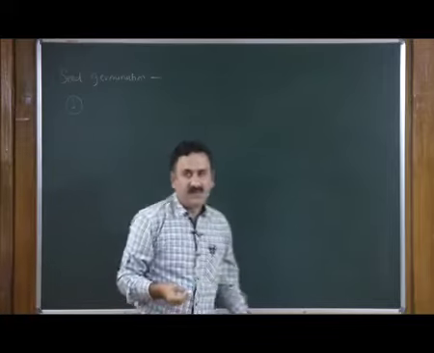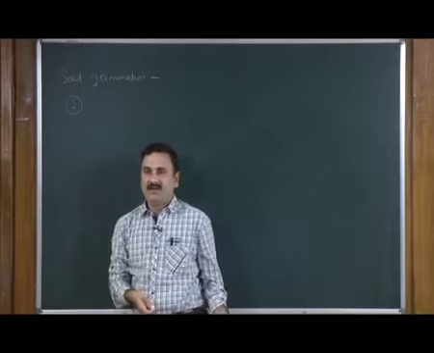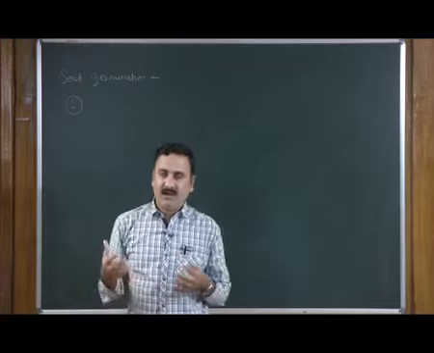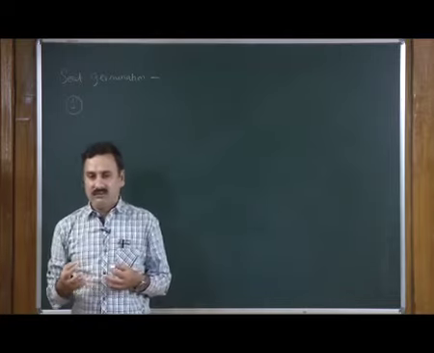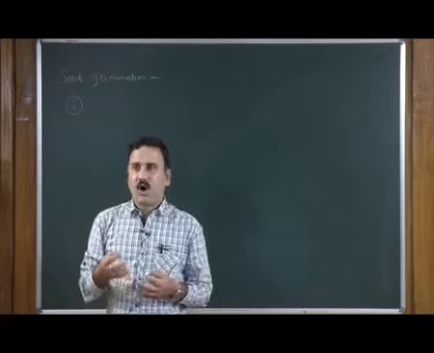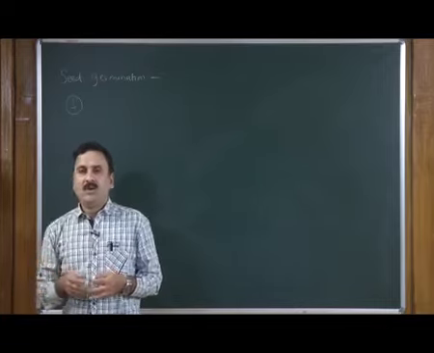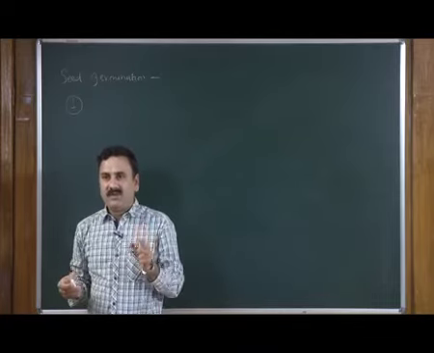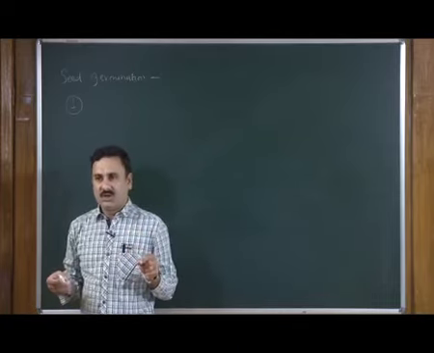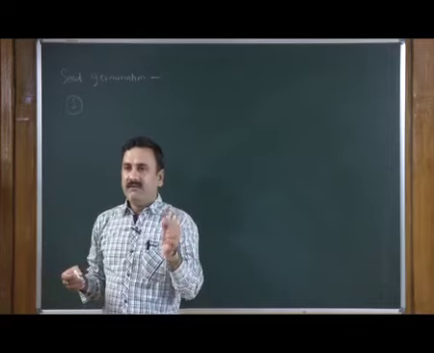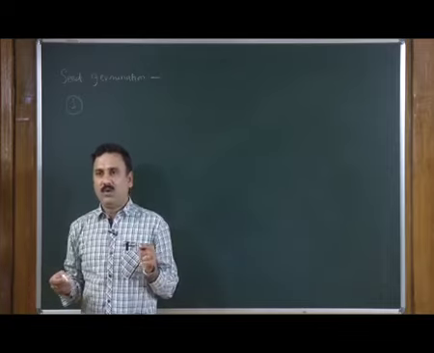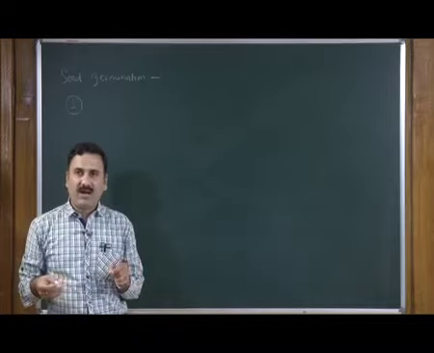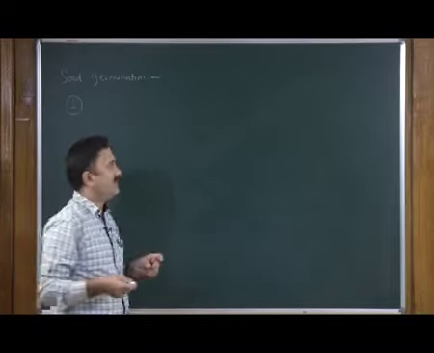As we discussed, the seed is present within a very hard coat and contains enough food material, either in the form of endosperm or cotyledons. But most of these seeds are in a dormant stage. Even if you provide them suitable growing conditions, they do not grow very easily, and these kinds of seeds are known as dormant seeds.